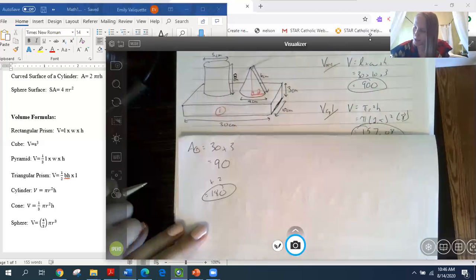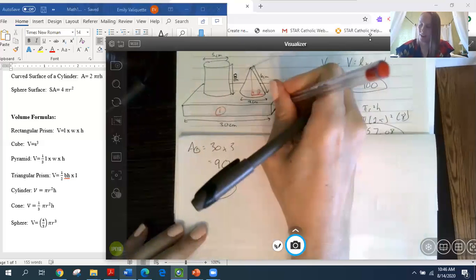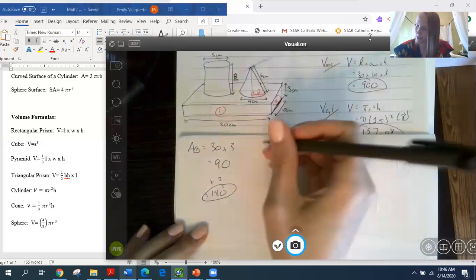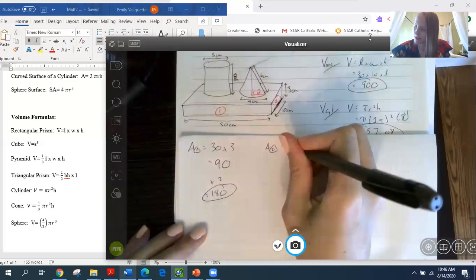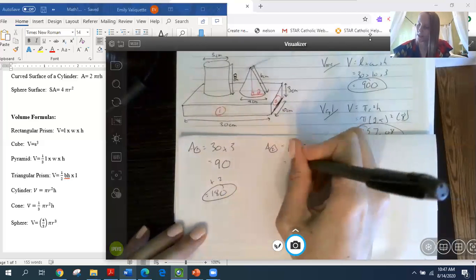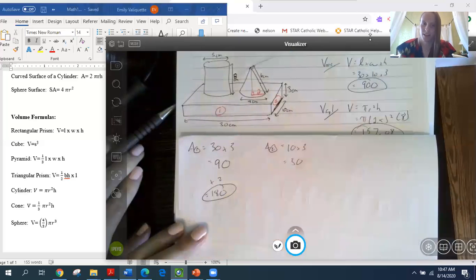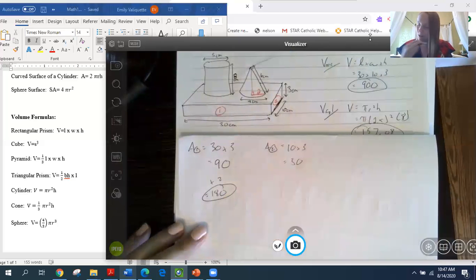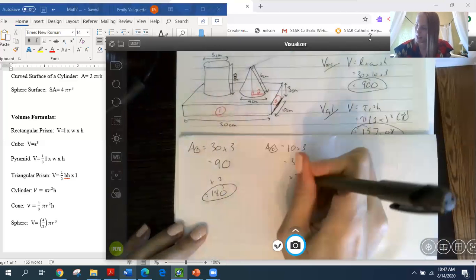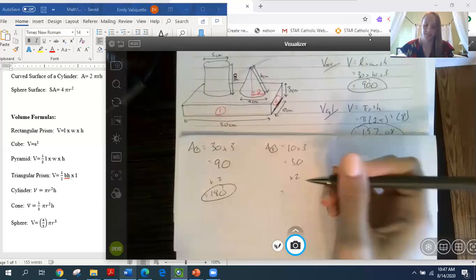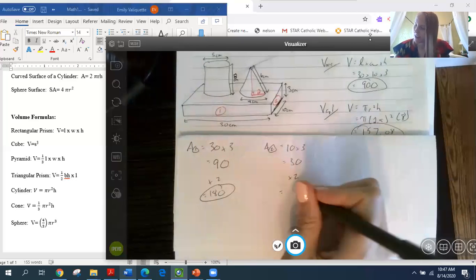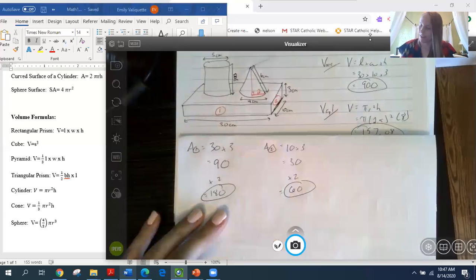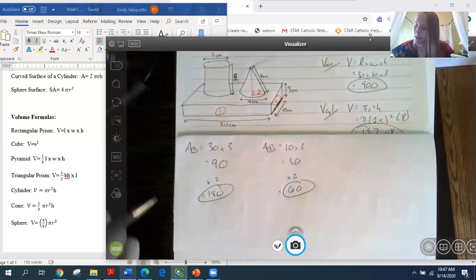Next up, I'm going to come to that rectangular face over there. So area 2 is 10 by 3, which is, of course, 30. And then this side over here is the same. So I will times that by 2, which is 60. Circle it. And then next I'm going to do the top.